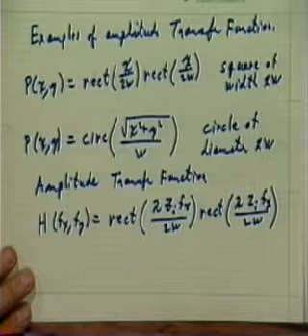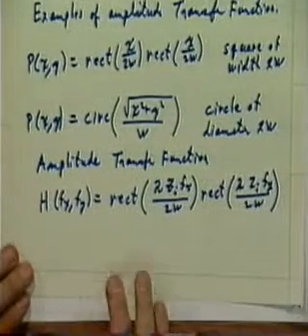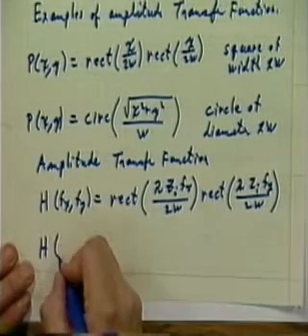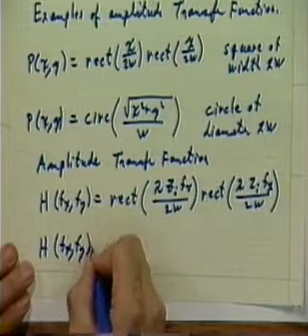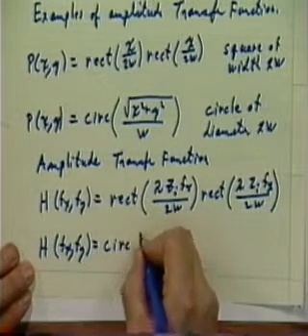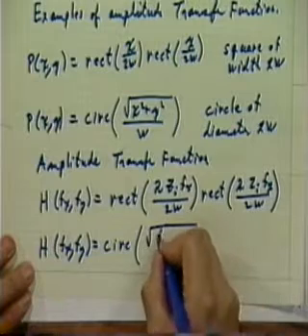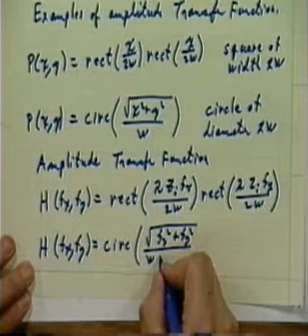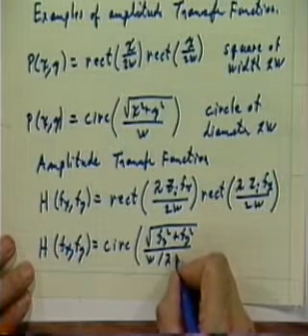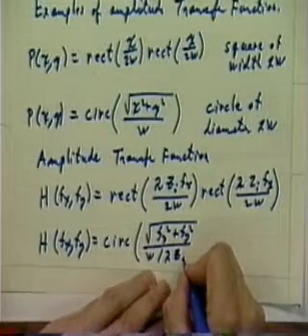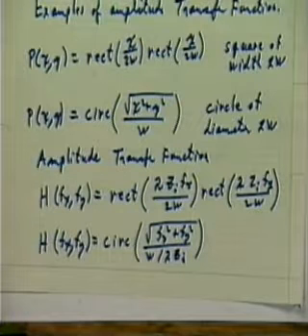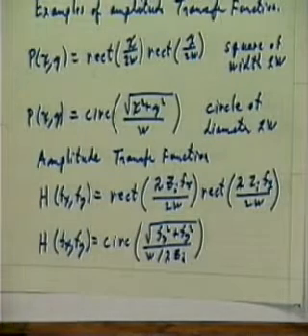And we'll look at plots of these in a second. And for the circle, this is just going to be circ of the square root of f sub x squared plus f sub y squared over w divided by lambda z sub I. And let's look at his pictures, and then I'll draw a one-dimensional trace here.